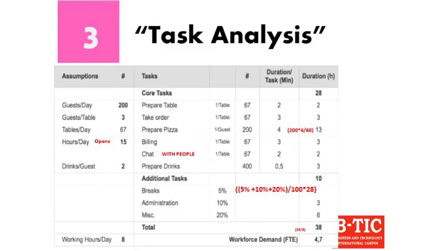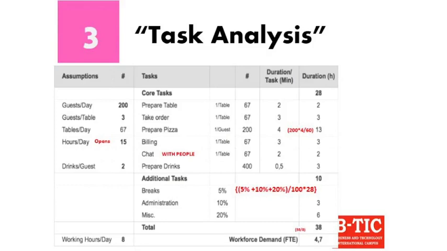And your billing will take about 3 minutes for each table. So 67 multiplied by 3 minutes, that's about 3 hours. And chatting with people will take about 2 minutes for each table. 67 times 2, that is 2 hours. And preparation of drinks: 400 drinks multiplied by half a minute, 0.5 minutes, so that's altogether 3 hours. So you need to work about 28 hours to do all these core tasks, and the additional tasks are about breaks, 5% of the core task, administration will take about 10% of your core task time, and miscellaneous will take about 20% of your core tasks.